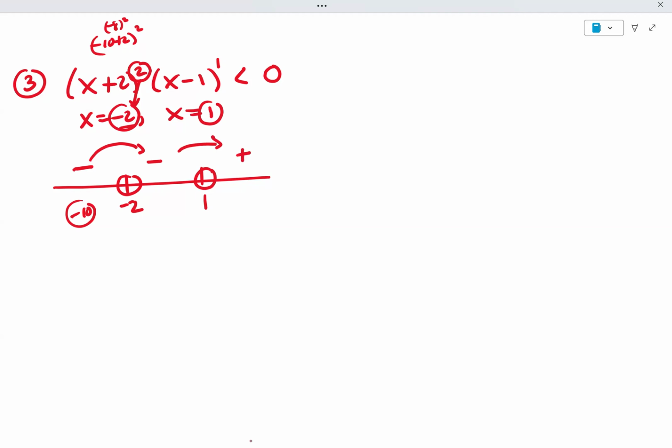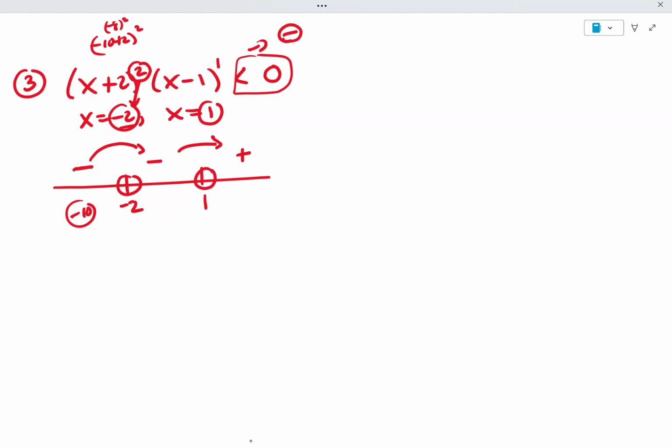It's going to alternate to a positive sign. So where's the function less than 0? It's where the number line is negative. Got to be careful with my words there. Where the function is negative, that means less than 0, that's where my graph lies below the x-axis.